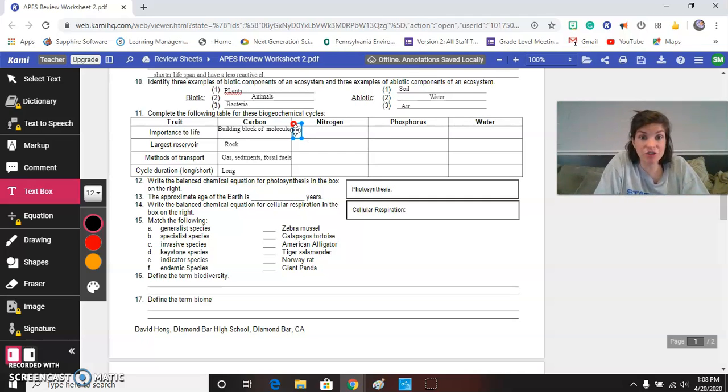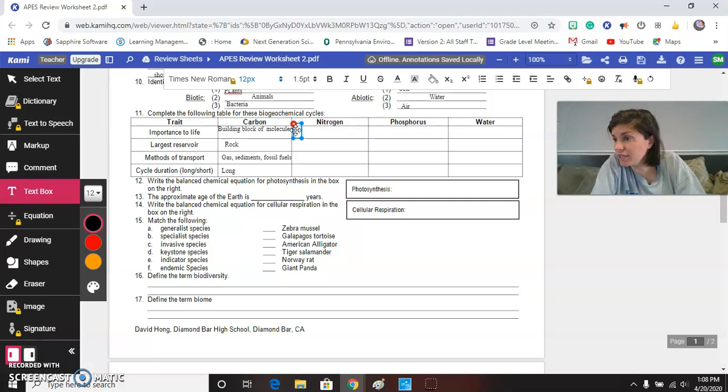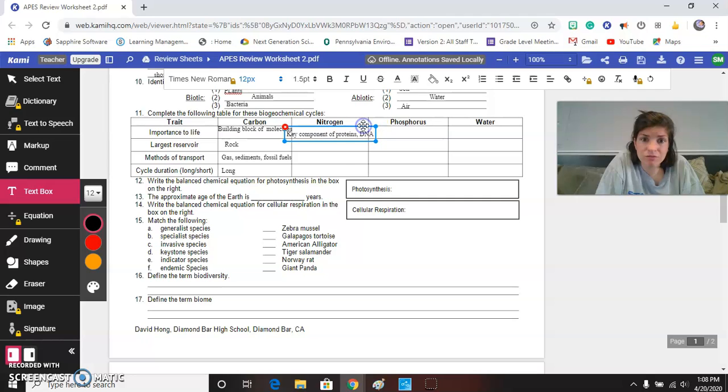All right. Nitrogen is the key component of proteins, DNA, that kind of stuff. Sorry, this stuff is so small. It's found in the atmosphere: 78% of our atmosphere is nitrogen, so that is the largest place that you might find it.